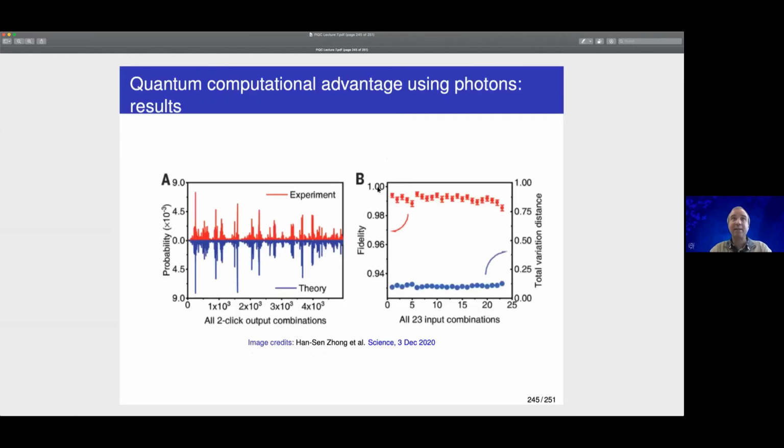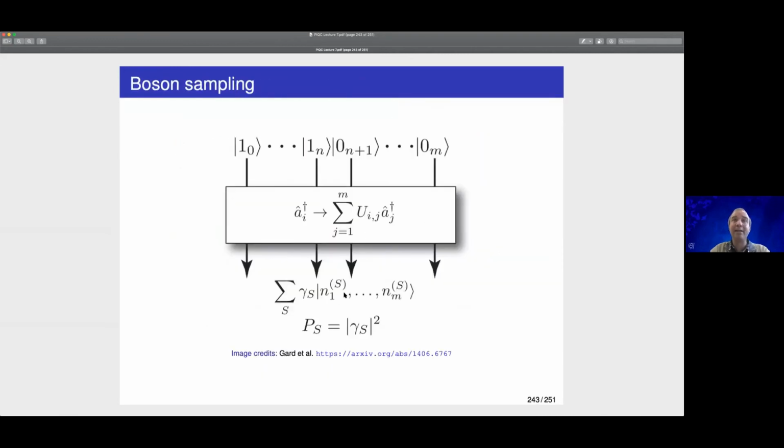Okay, so this is exactly what these researchers did, was to sample these distributions with an implementation of a random network of these photonic devices, and they showed that their results were close to the theoretical distribution. Okay, the problem here is that they didn't use this boson sampling directly, but they used a different version in which the input is not of this kind, but is called a squeezed state, and you have what is called Gaussian sampling.